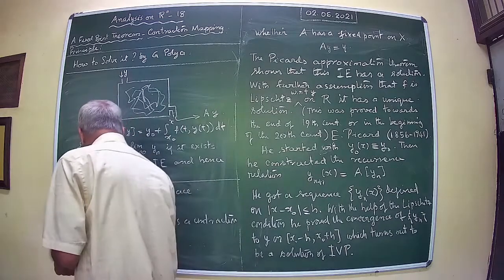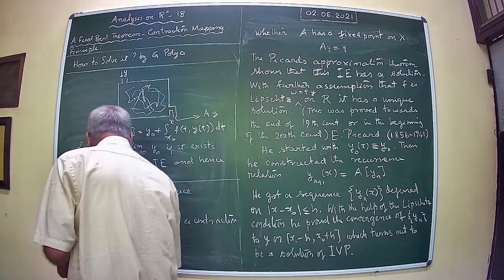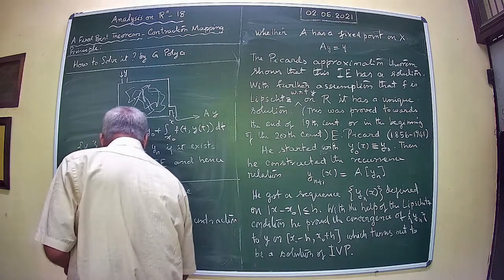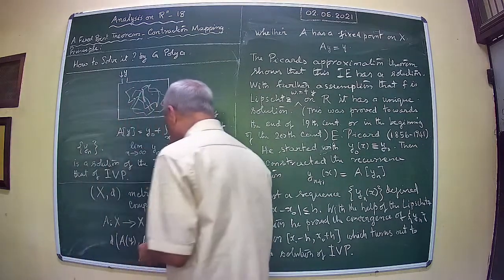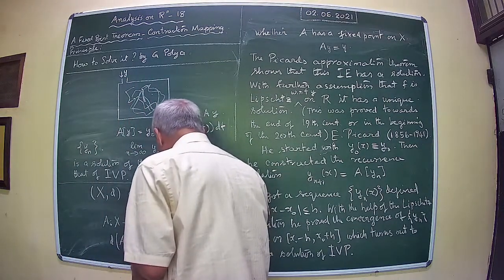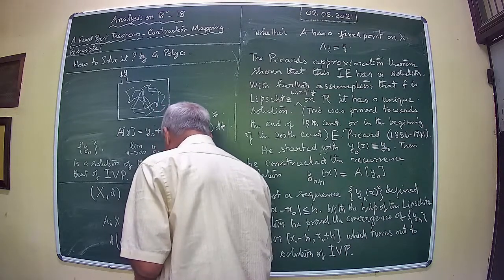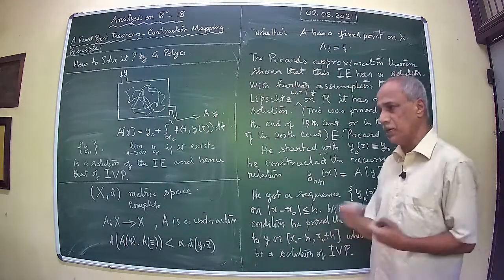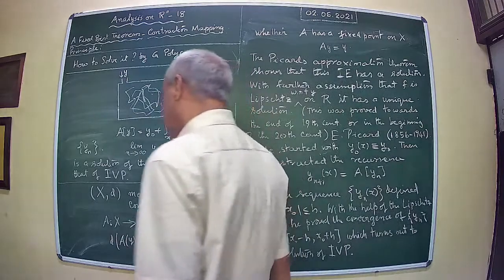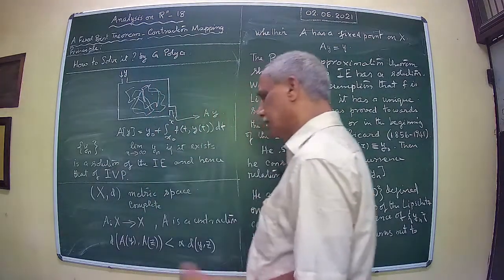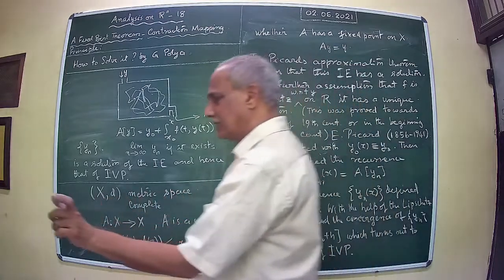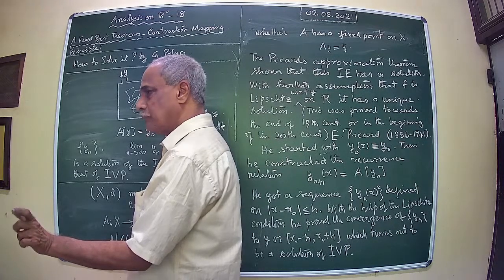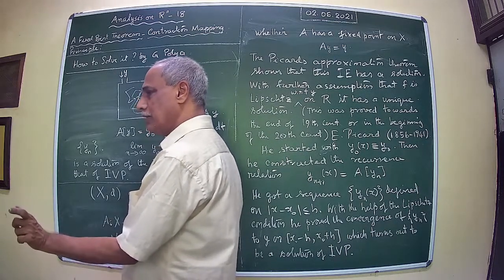In the sense that the distance between AX and AY is less than alpha times the distance between X and Y. That means at each stage the points start moving closer and closer, because the distance between xn and xn+1 is bigger than the distance between xn+1 and xn+2.